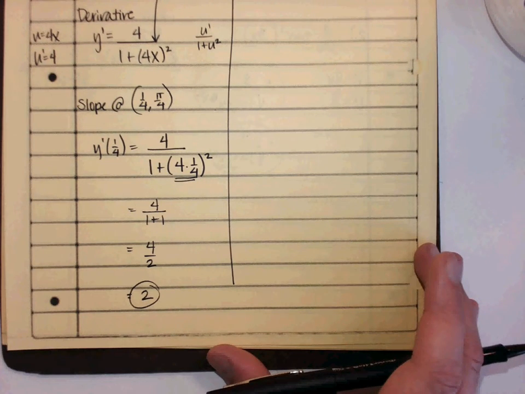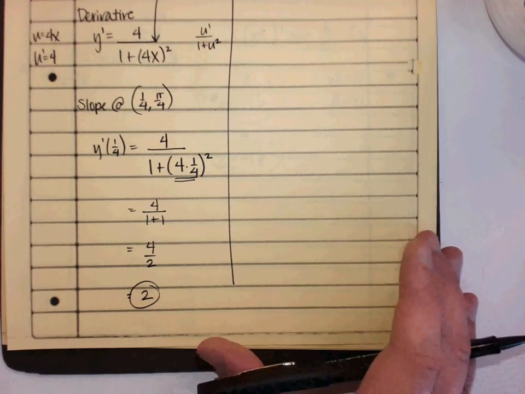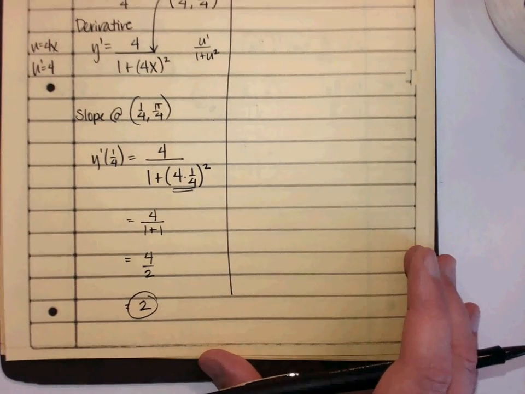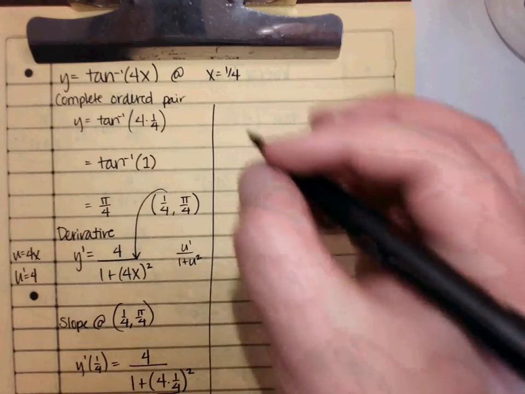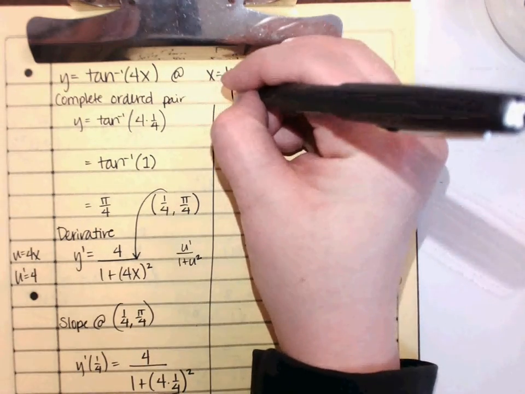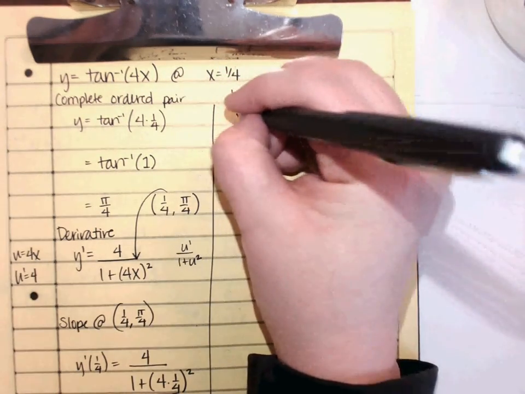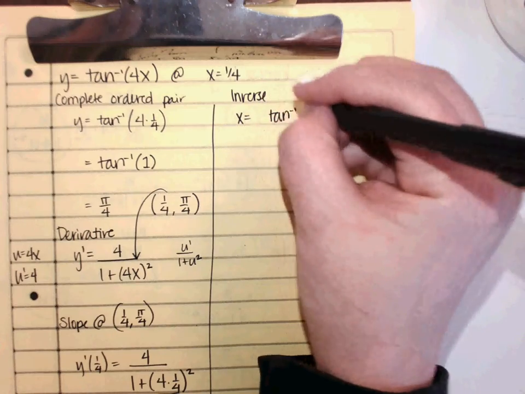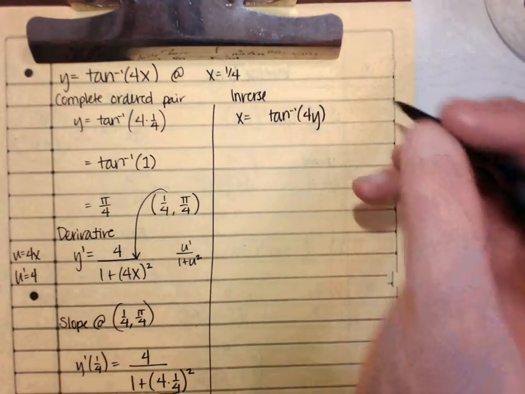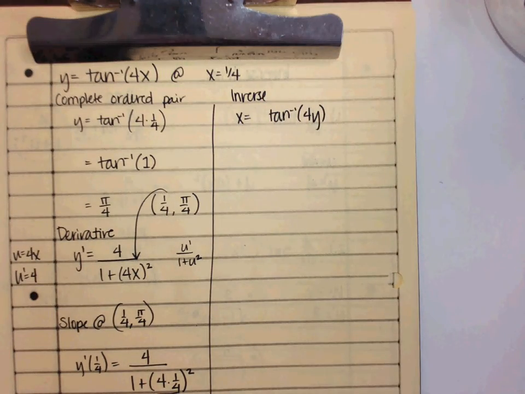Yeah. Okay. So at the top, I want you to switch your x and y. We're going to find the inverse. So I'm going to let x equal, this is my inverse step, inverse tan of 4y. Now, this is something you may or may not remember. How do I cancel out an inverse tan?